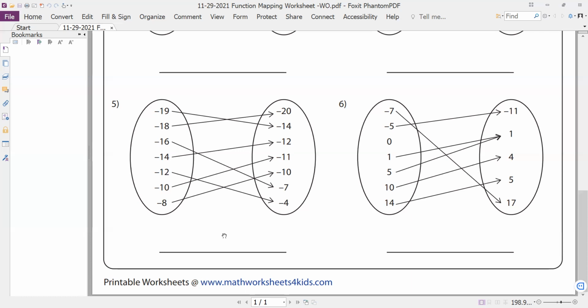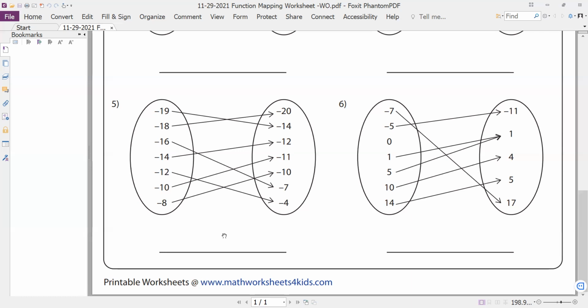Number 6, function, yes, no. Yes. You say yes. What do you say, Latoya? Number 6, is that a function? Chastity, you said it's a function, right? Yeah, because 1 and 5 are mapping to 1 on the outcome.